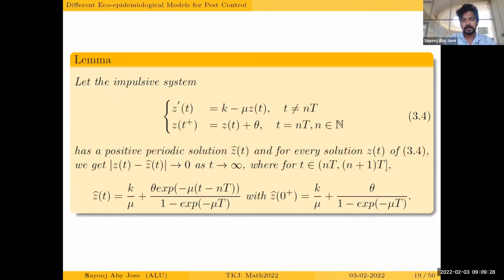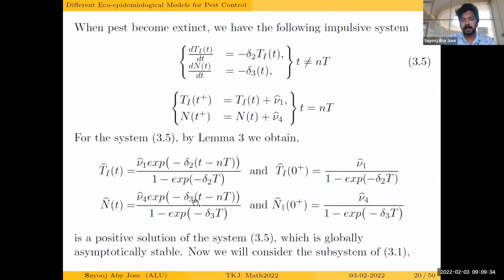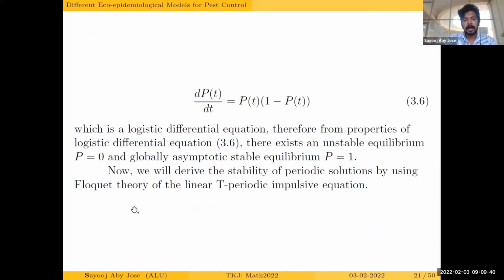Here the impulsive system has a periodic solution, z cap and n cap. Here we have also considered the pest to become extinct, so we get 2 systems and find the solutions. We also consider that the plant has 2 equilibrium points, and we find the equilibrium points.